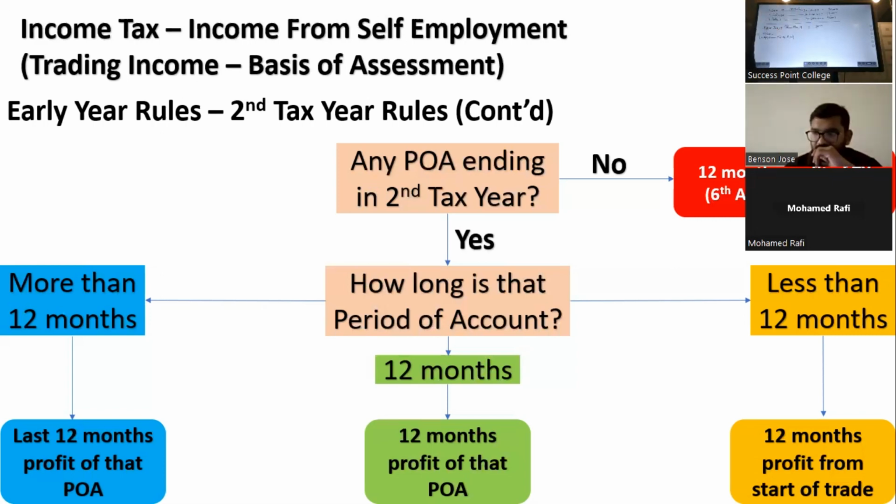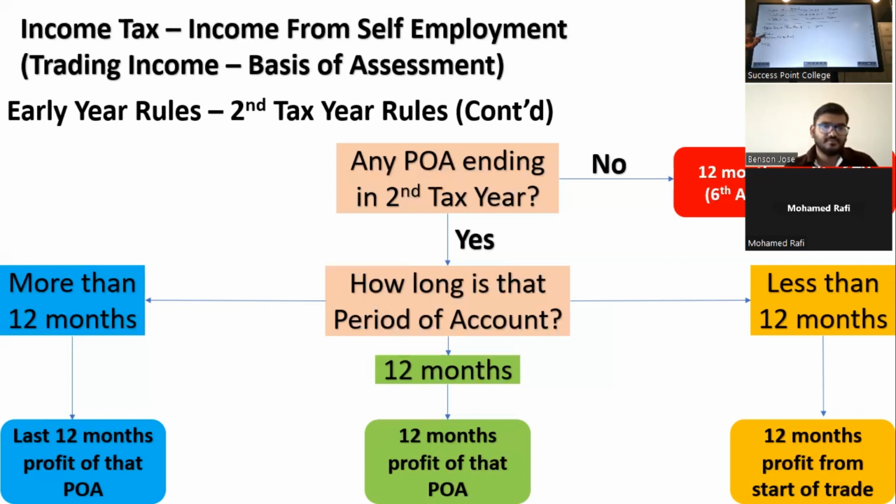So let's go to that situation. Instead of yes, we have come at a no because the first period was 1819, second is 1920, and my first account, which is ending in 30th June 20, it is 2021. It is not 1920. Correct. It is the third one. Which means in the second tax year, I do not have any period ending.